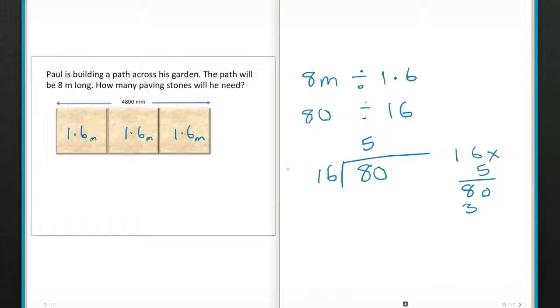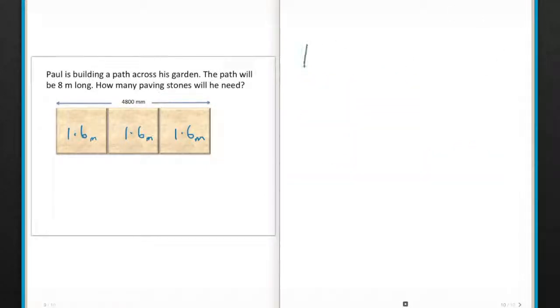Another way you could have done this is with a long division, and worked out your 16 times table, which goes something like 16, 32, 48, 64, 80, and then you can see it's 1, 2, 3, 4, 5. And the final way you could have done this is to say, let's just clear this, 16 is made by 8 times 2.